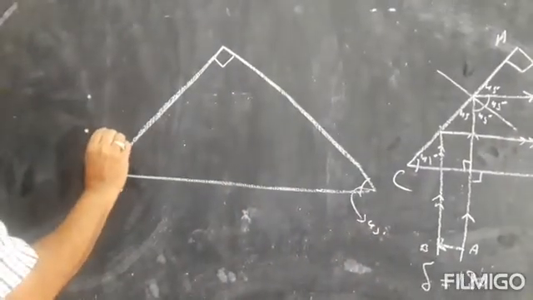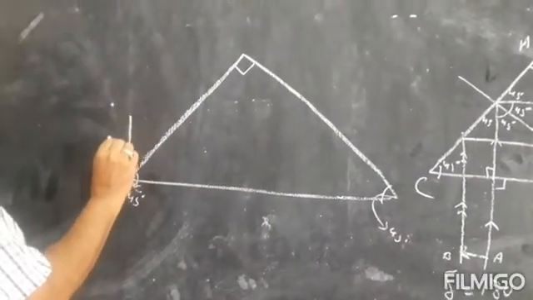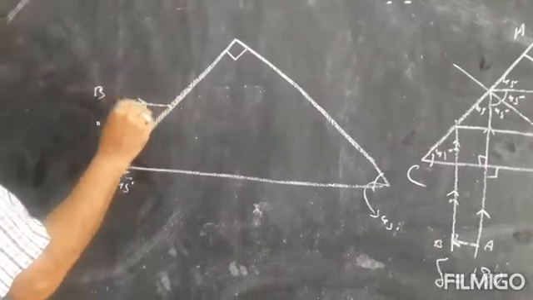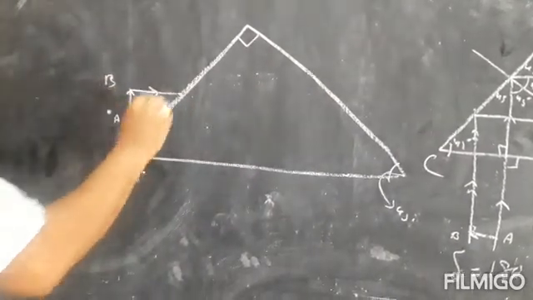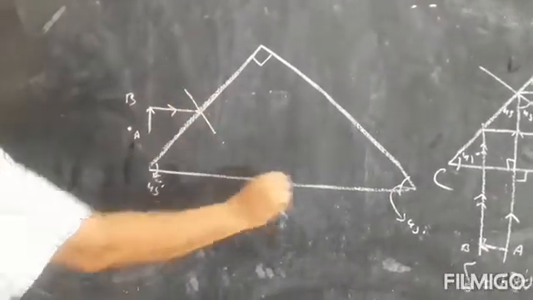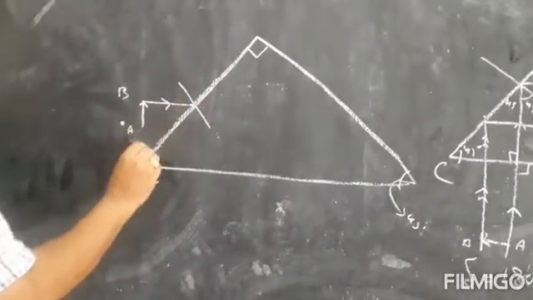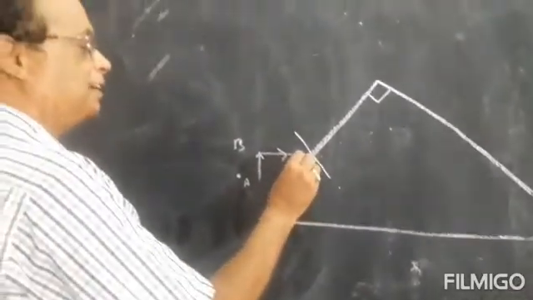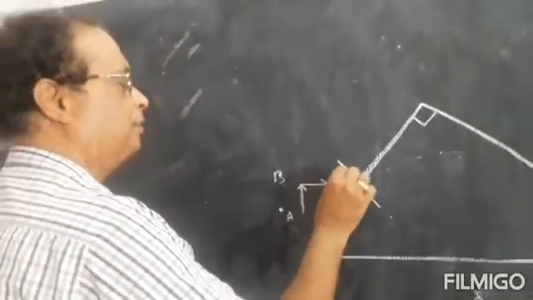Say the object is here. This is the object. Now this is the incident ray. Now draw normal here. So this is parallel to the base. If the incident ray is parallel to the base, this is 45. So this angle will be 45 degree.